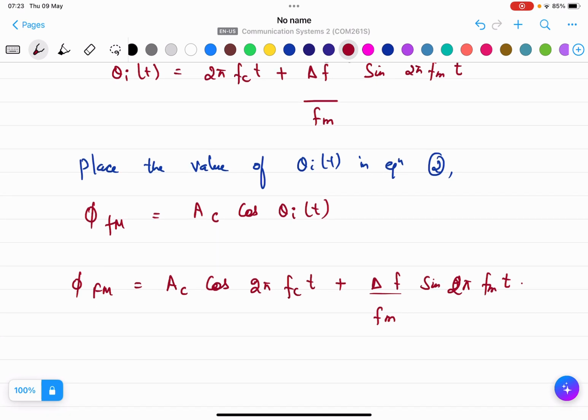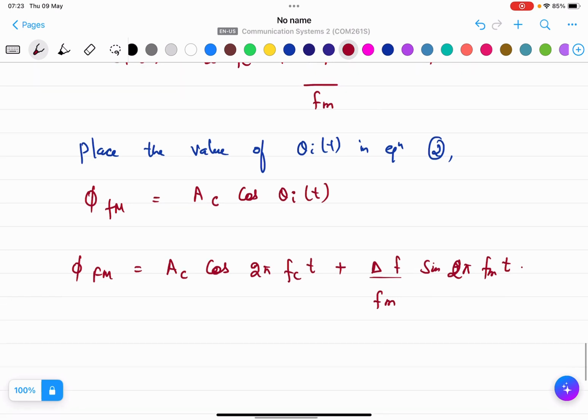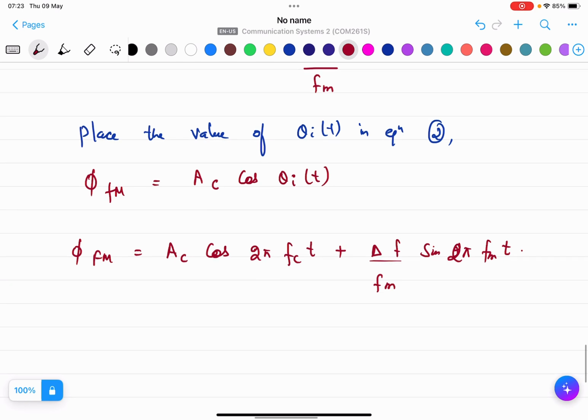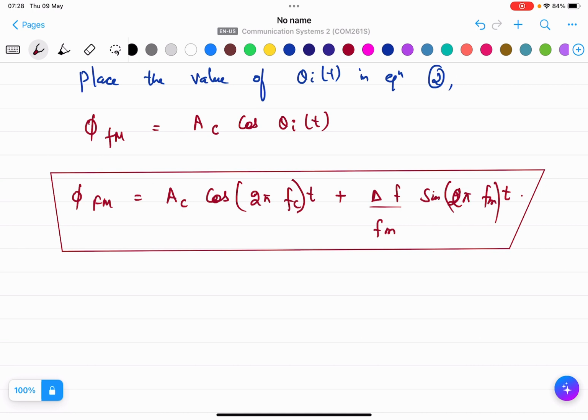So this is the final equation of the frequency modulated waveform.